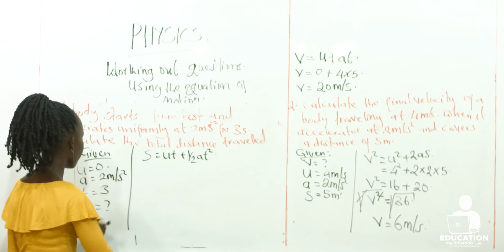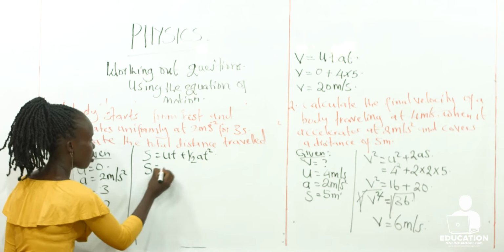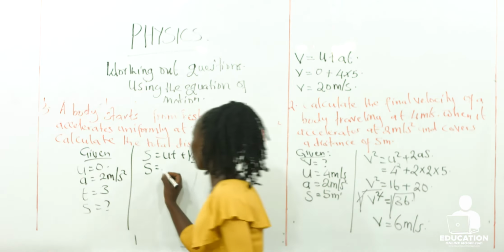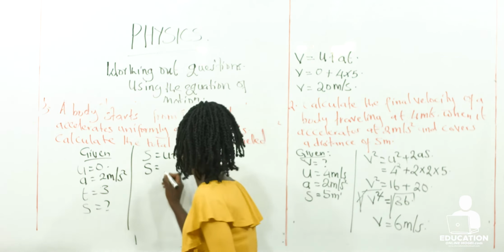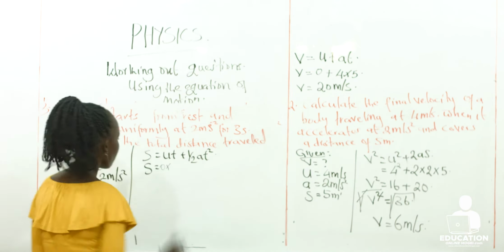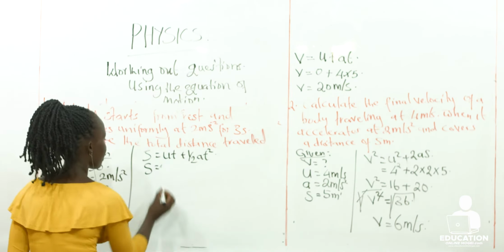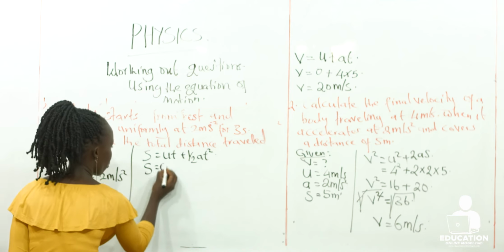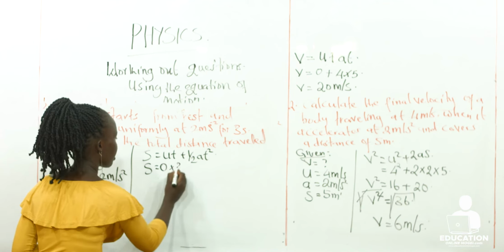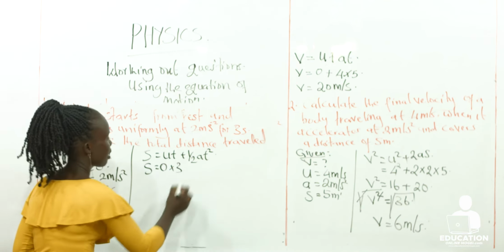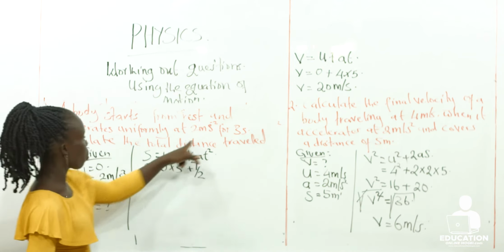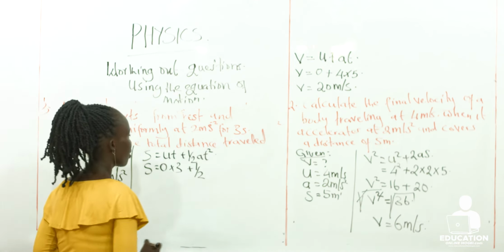So since we are finding our s, what is u? We have our u as 0. So we are substituting where there is u, our 0 times our t. What is the value of t? What is the time interval for the travel? So our body traveled for 3 seconds, plus a half. The body was accelerating at a rate of 2 meters per squared second.